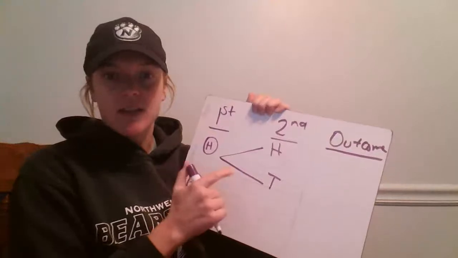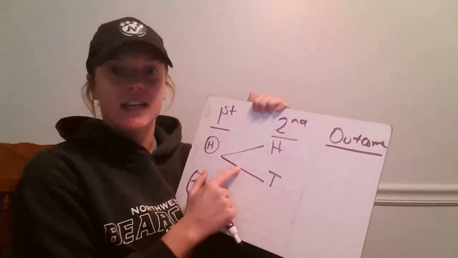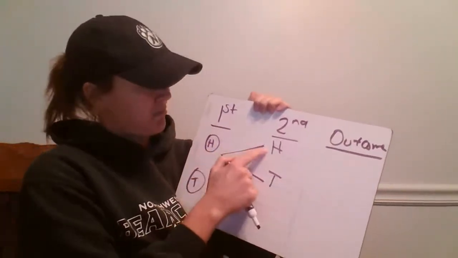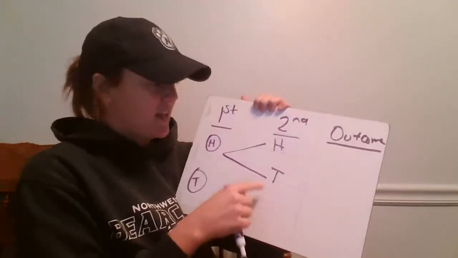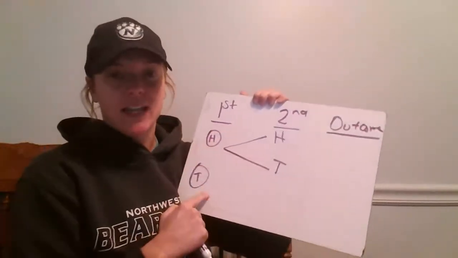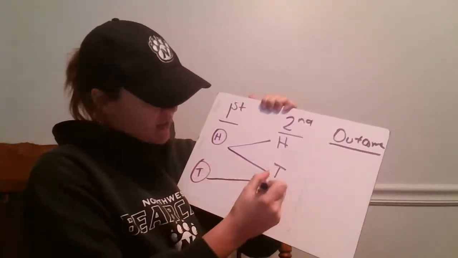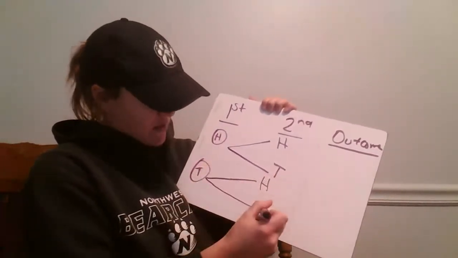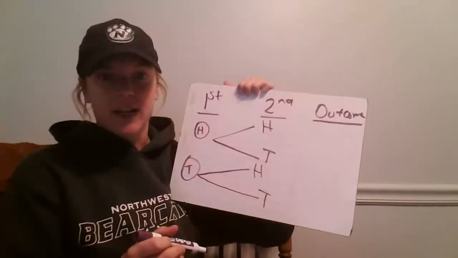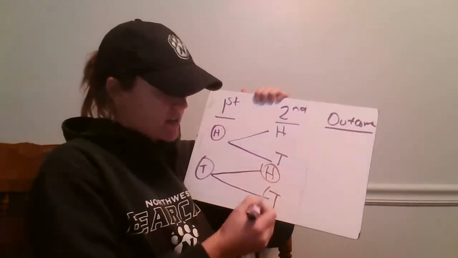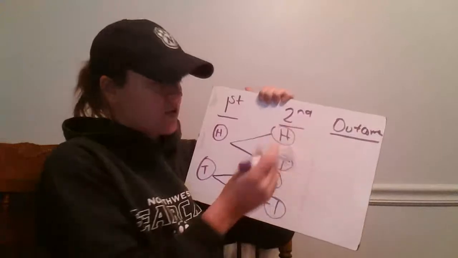So maybe the first time it landed on heads, and then I flipped it again, it either lands on heads or it lands on tails, okay? Or the first time I flip it, it landed on tails. If I flip it again, it can either be heads or it can be tails, right? So this is how your tree looks when you're making your tree outcome.